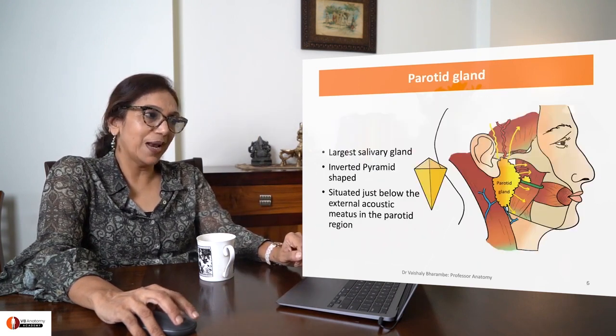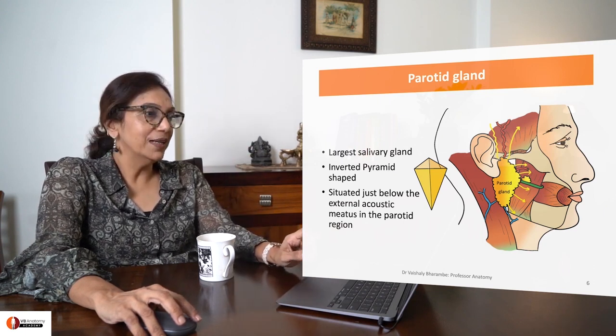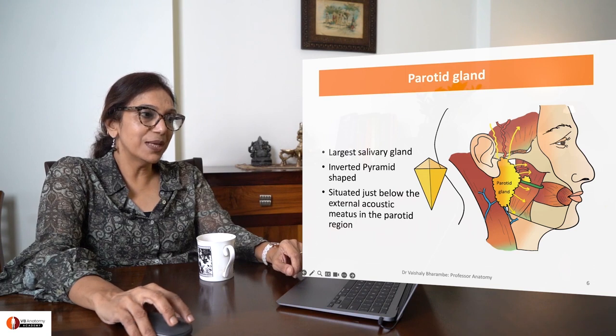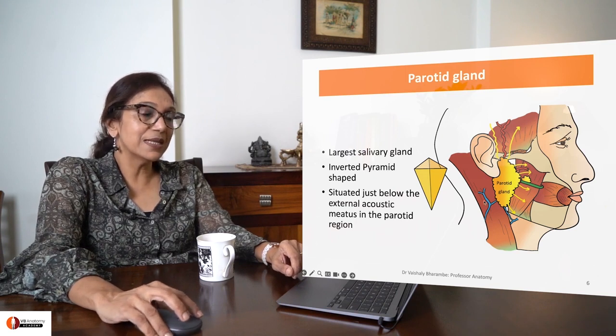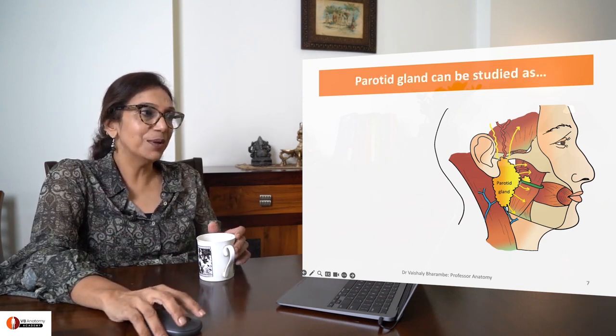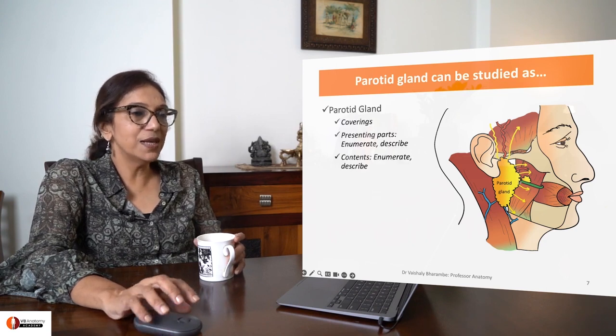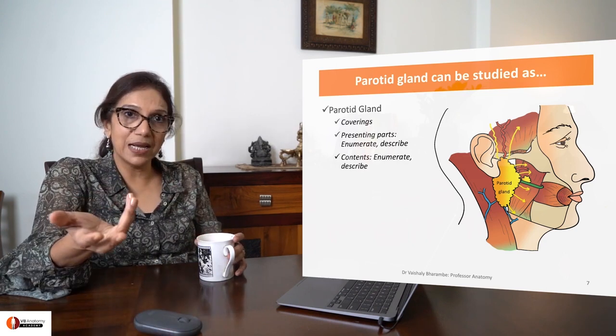Right. So here, a quick revision of what we've done earlier. This is the parotid gland, as you can see, this yellow gland. It's an inverted pyramid-shaped structure situated just beneath your external acoustic meatus. The parotid gland can be studied as coverings, parts, and contents.